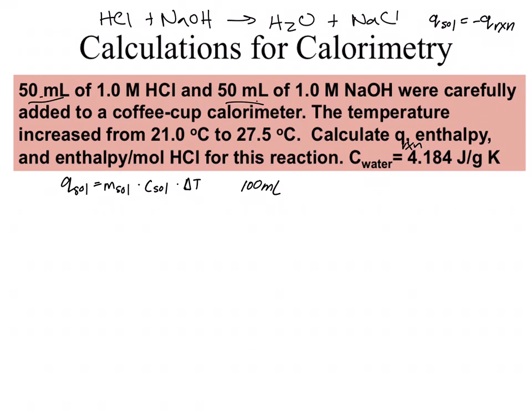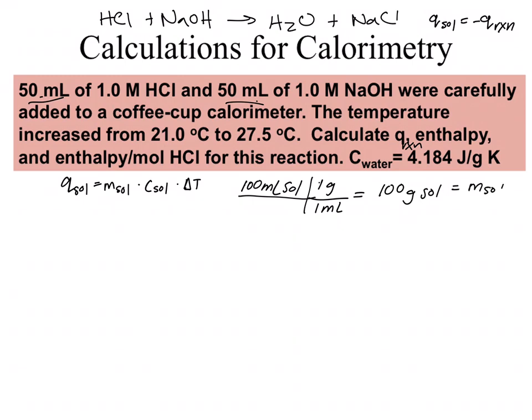Now, we are also going to assume that the mass of these two solutions has the same density as water, which is 1 gram for every 1 milliliter. The solutions are primarily made up of water, and that's going to allow us to get the mass of our solution.